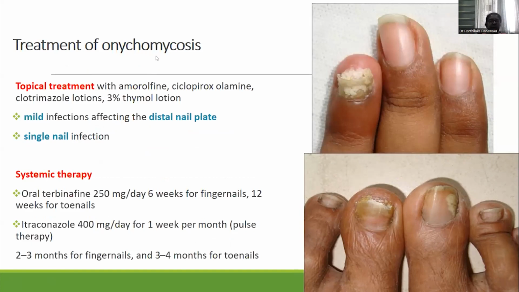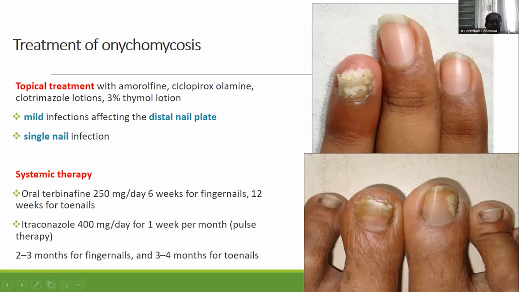Treatment. One is you start with topical treatment. If it is a mild infection and distal infection, like you can see, only distal part is affected, and if it is one nail involved, we can treat with topical treatment only, right?